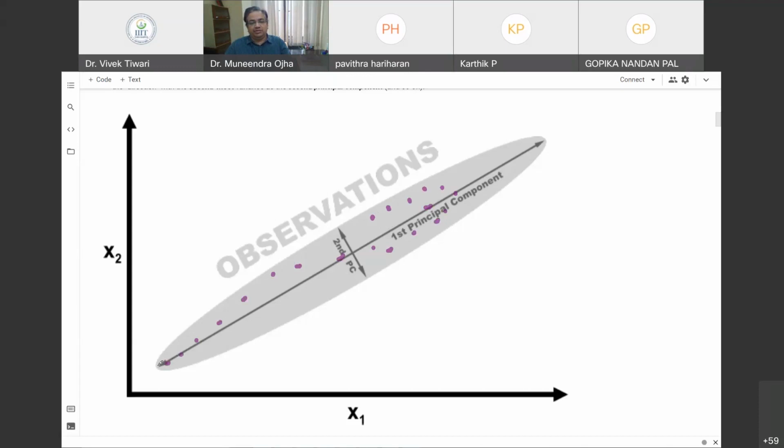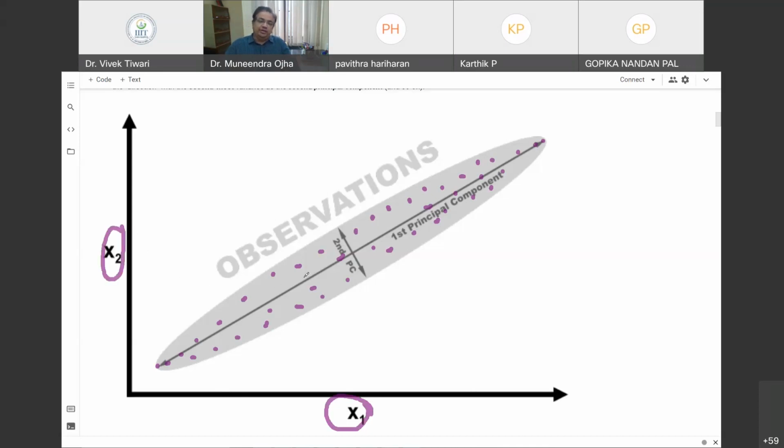All these data points are spread like this. There will be data points here also. So my data points are spread like this, and this spread was courtesy of x1 and x2, these two directions, right?